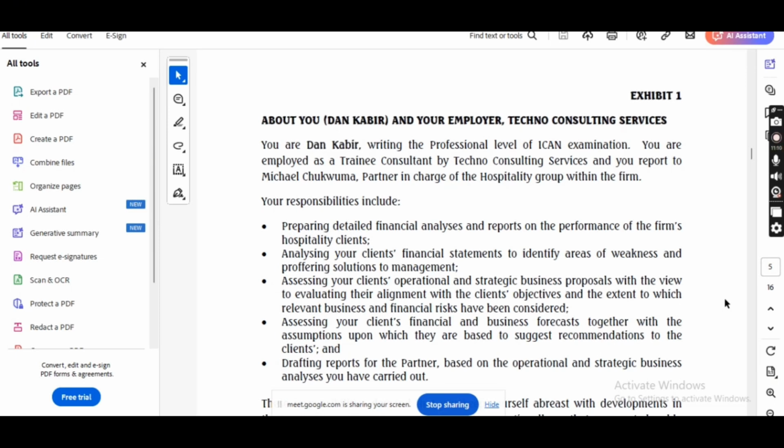Now, another responsibility is assessing your client's financial and business forecast. This is to tell you that you are doing a business proposal, whether directly or indirectly. The preseen is telling you that it is business forecast. Definitely, your attention should be on requirement two, on business forecast, together with assumptions.